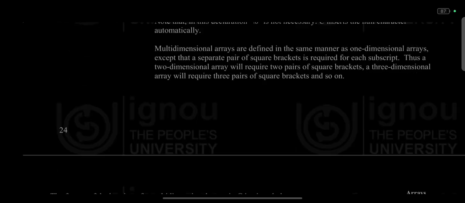Multidimensional arrays are defined in the same manner as one-dimensional arrays, except that a separate pair of square brackets is required for each subscript. Thus, a two-dimensional array will require two pairs of square brackets. A three-dimensional array will require three pairs of square brackets, and so on.